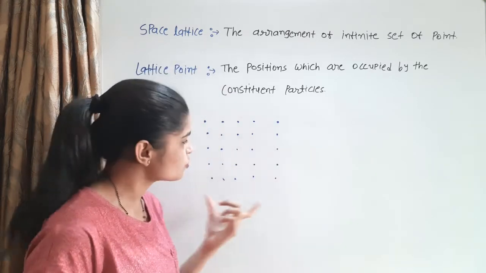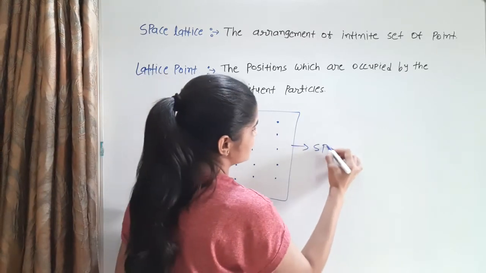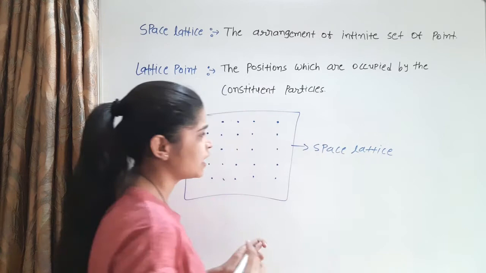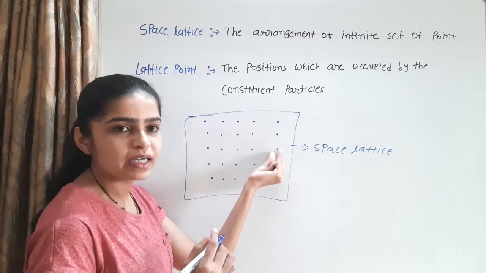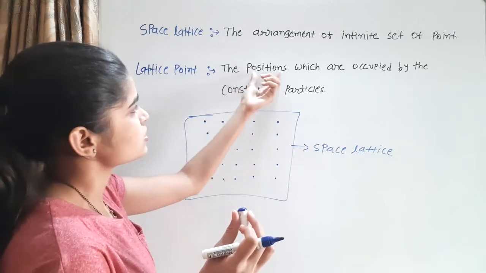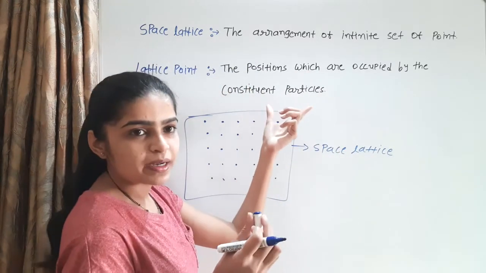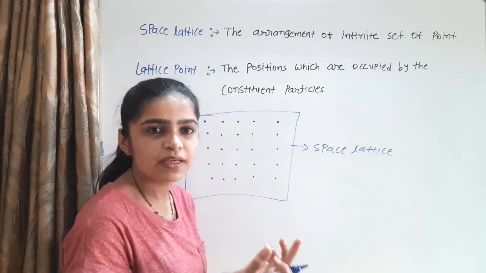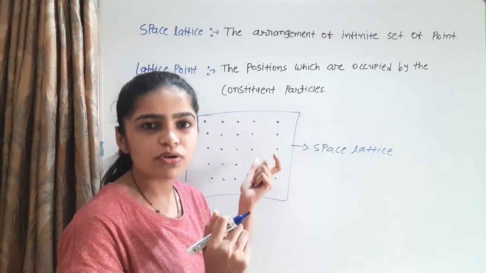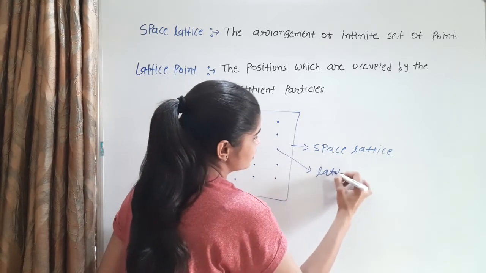So this total arrangement is known as the space lattice, and one particle is known as the lattice point. Its definition: the positions which are occupied by the constituent particles, like atoms. So this is known as the lattice point.